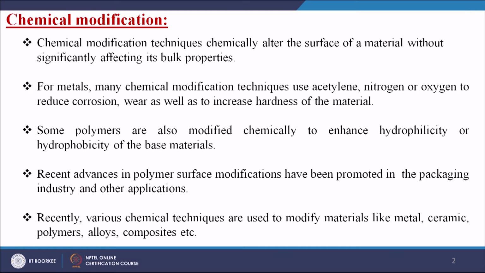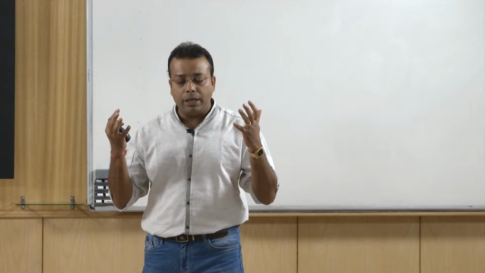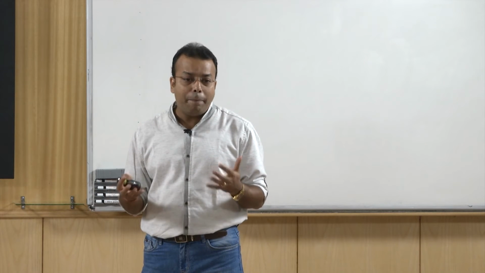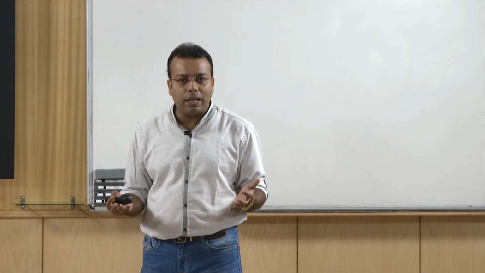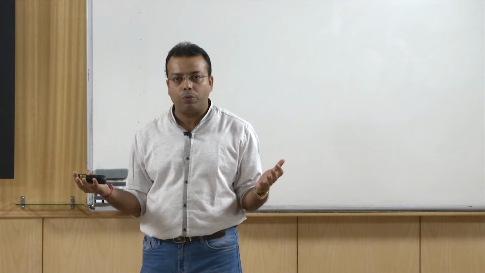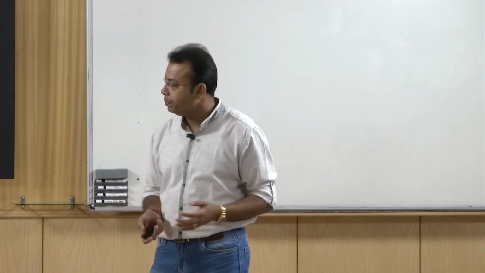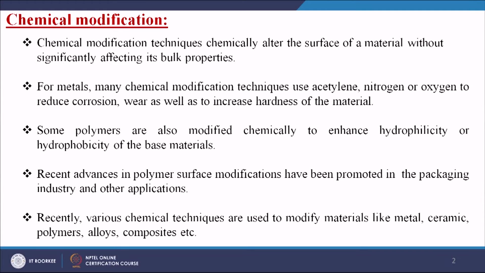Mostly we use them for packing applications, barrier layer applications, then biotechnology and biomedical applications, where lots of work is going on. Recently, various chemical techniques are used to modify materials like metals, ceramics, polymers, alloys and composites.